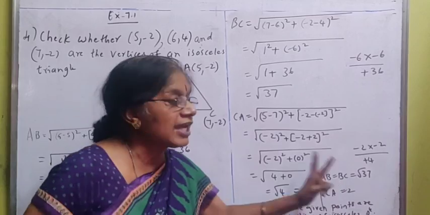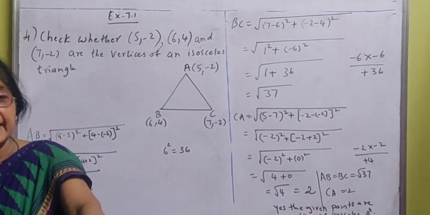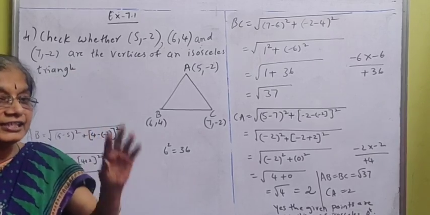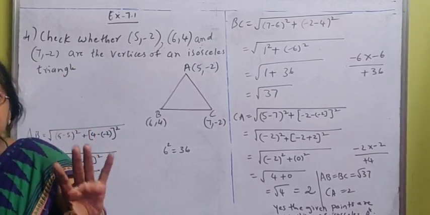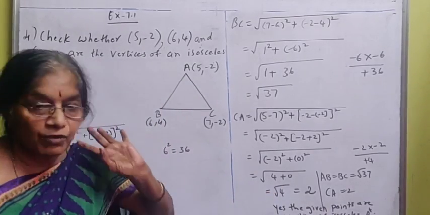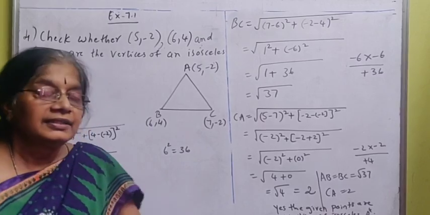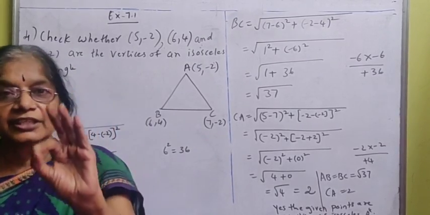Why? Because two sides are equal. What is an isosceles triangle? If any two sides are equal, the triangle becomes isosceles. If three sides are equal, equilateral. If no sides are equal, scalene. So we have proved that the given points are the vertices of an isosceles triangle.